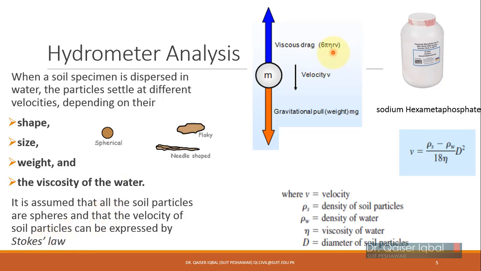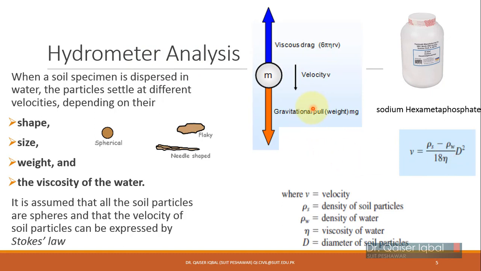So this is the upward drag force on the soil particle. Gravity will be acting in the downward direction, and viscous drag force will be acting in the upward direction. So this force diagram we will be using for calculation of our settling velocity.